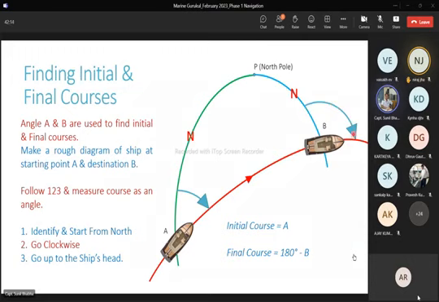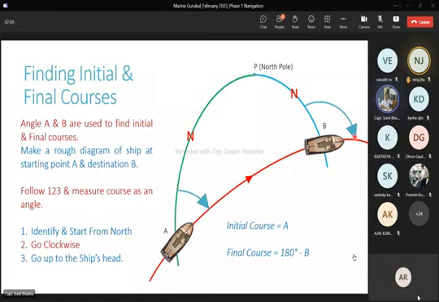So you can see here that the angle B calculated using the cosine formula will be a different value, whereas the final course of the ship at the destination position will be a different value. We can use the angle B to find out our final course. How can we do that?